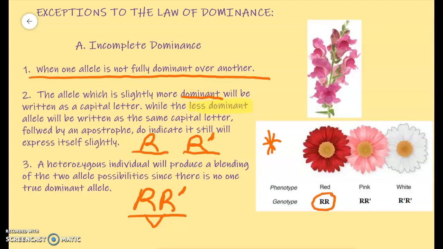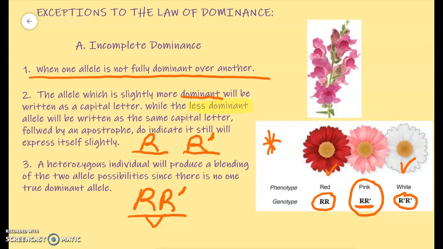And the only way to be white is you have to be fully recessive. So you're going to use that new symbolism we just talked about, R apostrophe, R apostrophe. If you are heterozygous, you're going to blend the two traits together. So if you mix red with white, I'm assuming most of you know, you get pink. So all the heterozygous individuals are going to be pink, a blending between the two extremes of that particular trait.